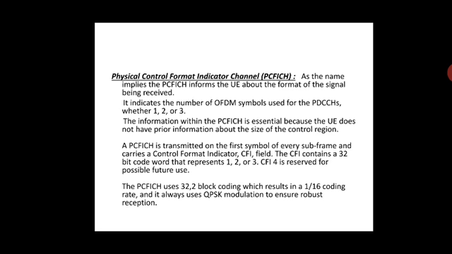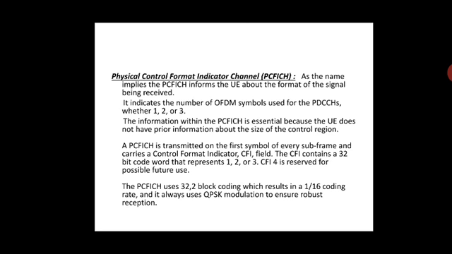The next channel is the physical control format indicator channel, PCFICH. As the name itself indicates, it informs the UE, that is the user entity, nothing but your mobile phone, about the format of the signal being received, in what format the signal is being received.